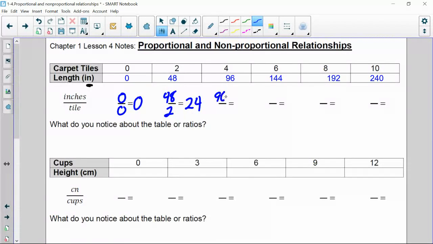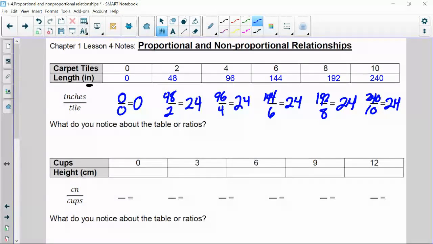If I had 96 inches for 4 tiles, if you divide that, you get 24. 144 inches for 6 tiles, you get 24. 192 inches for 8 tiles, you get 24. 240 inches for 10 tiles, you get 24.